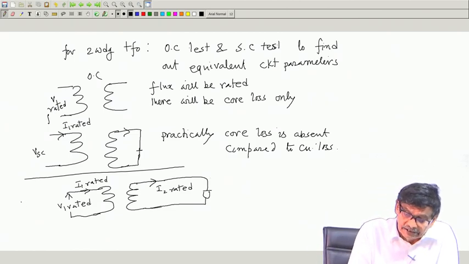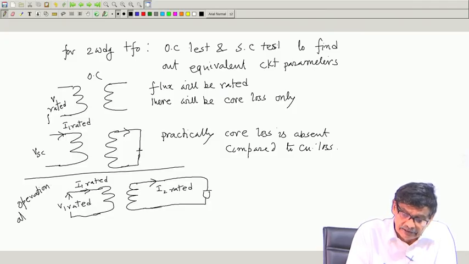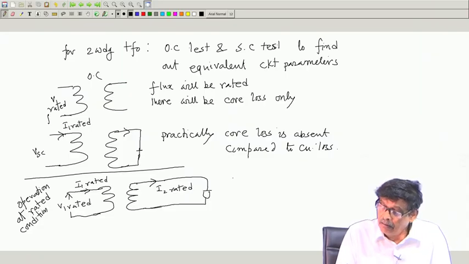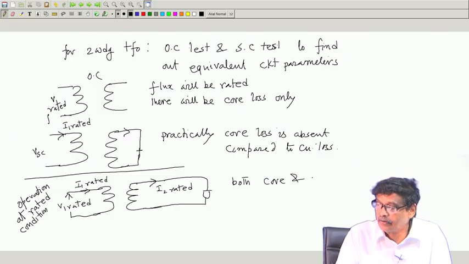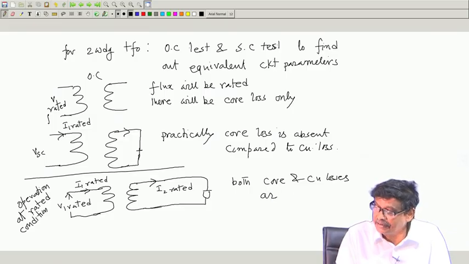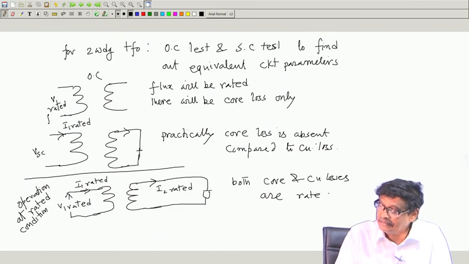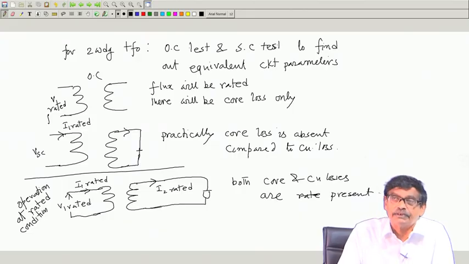Therefore, during operation at rated condition, both core and copper losses are present at rated values. You cannot neglect one from the other, that is fine.